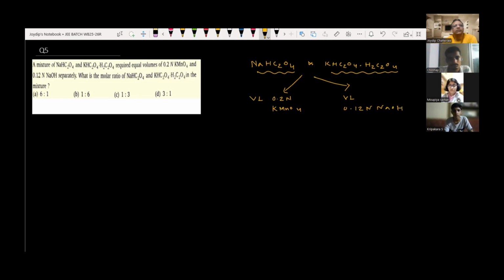Now they are asking what is the molar ratio. Suppose this is A moles and the other compound is B moles. So what is the ratio A is to B? That they are asking.